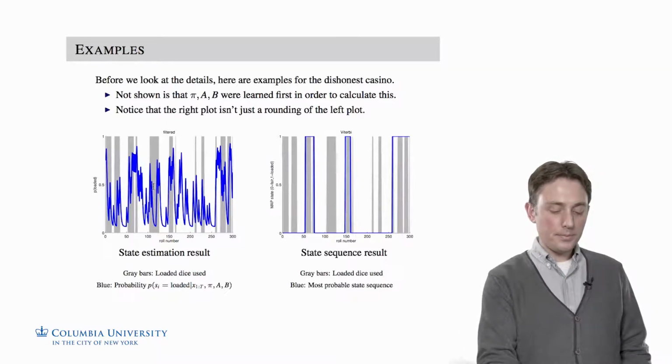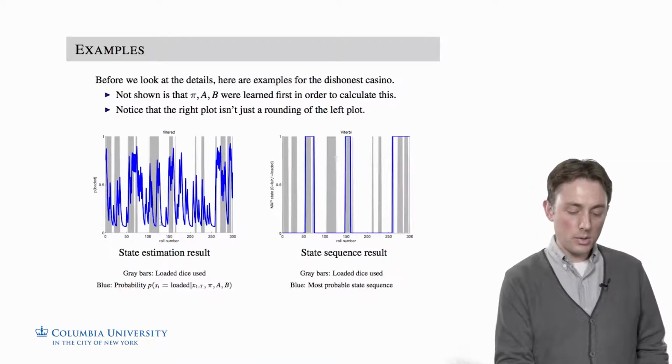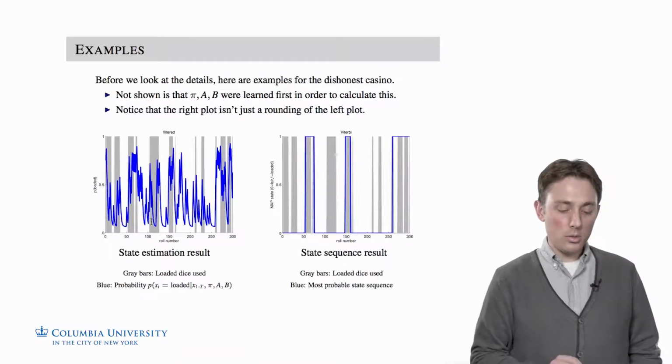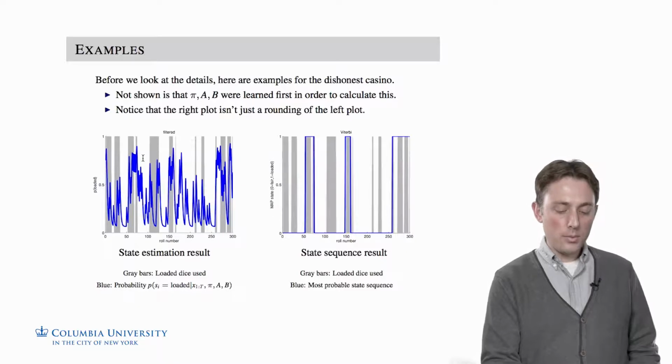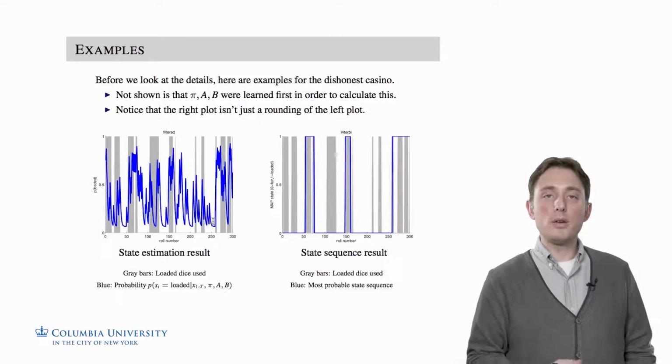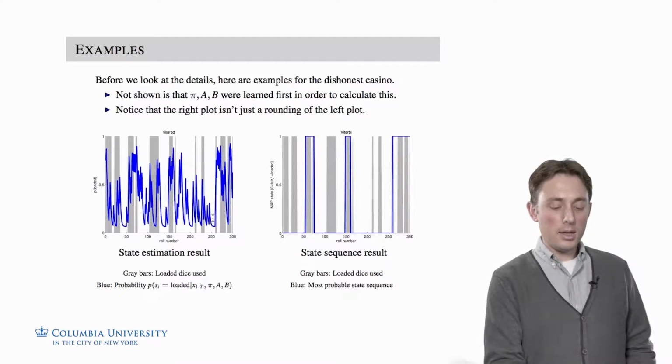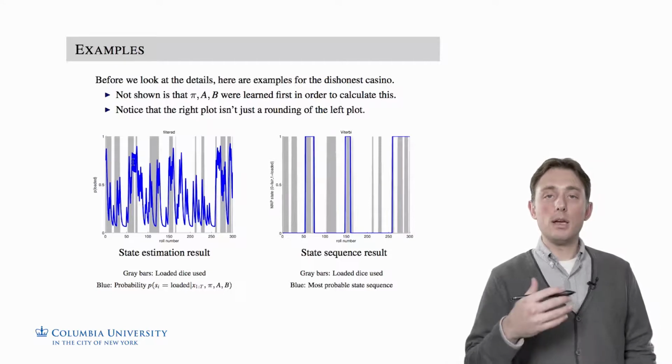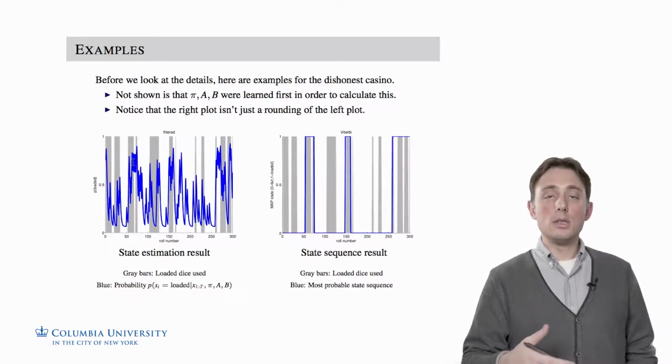So for example, at this time point here, the probability of using the loaded dice, in this blue line, when it's very low, that's saying the probability of using the unfair dice at that time point is very low. And when this number is very high, for example, in this region, we're saying that at these time points we think the probability that the unfair dice was used is very high.